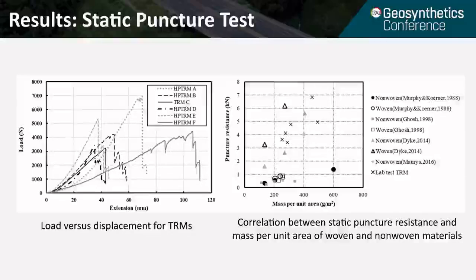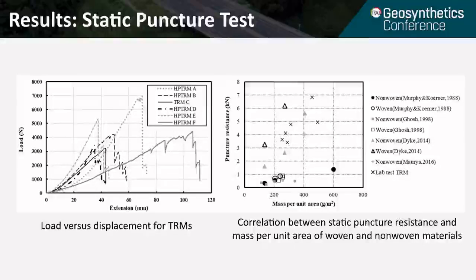Although these TRM specimens are made of polypropylene, they have different manufacturing methods and material density, which can also be represented by measured mass per unit area. TRMs with greater fiber density have more fibers participating in load sharing and energy absorption during the static puncture test, thus leading to higher puncture resistance.